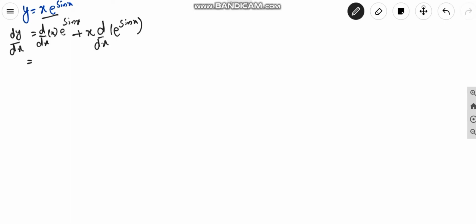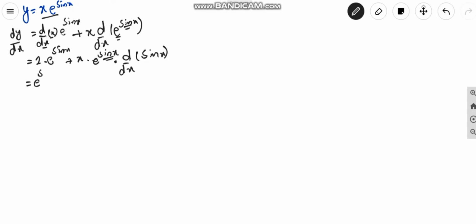Now the derivative of x with respect to x is 1 and e power sin x, plus x, and the derivative of e power sin x is as the derivative of an exponential function. The exponential function will remain as it is, and further take the derivative of the power; in this case the power is sin x, so take the derivative of sin x.